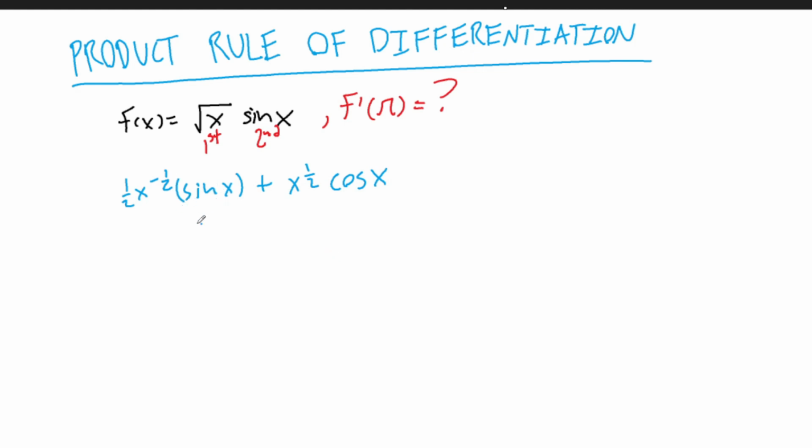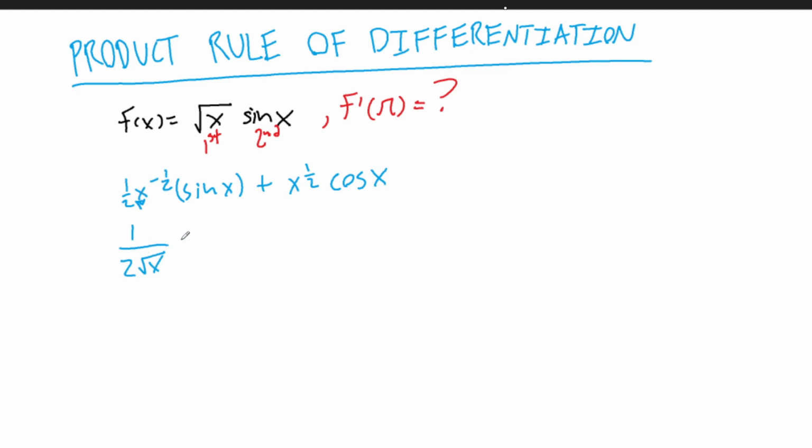So now what we can do is we can start simplifying and rewriting things. So we can go ahead and rewrite 1/2 times x to the power of negative 1/2 as 1 over 2 root x, right? Because we put this x down to the bottom with this 2, and then to the power of 1/2, because that makes this exponent positive, and then x to the power of 1/2 is root x.